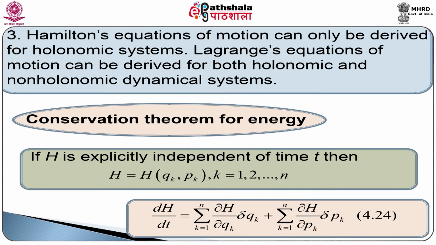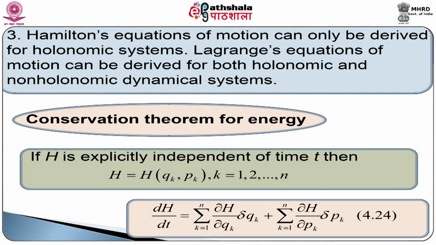Now, we shall discuss the conservation theorem for energy. If capital H is explicitly independent of time t, then Hamiltonian H can be written as H equal to H function of Qk and Pk, k varying from 1 up to n.